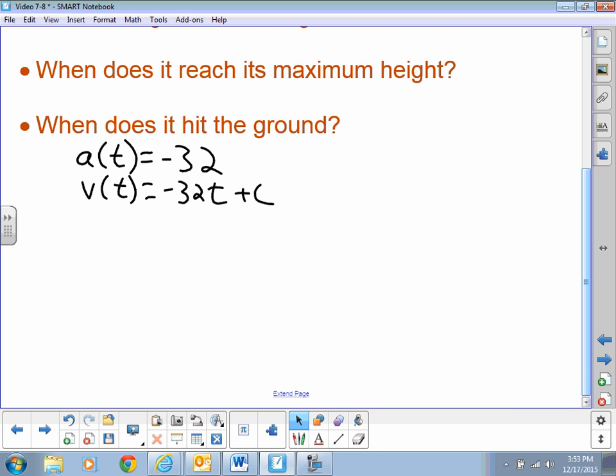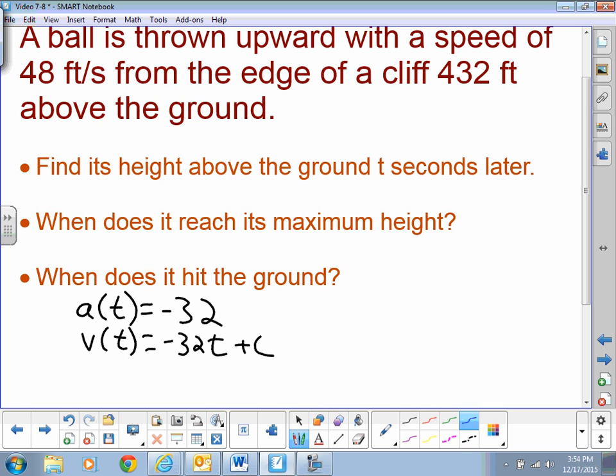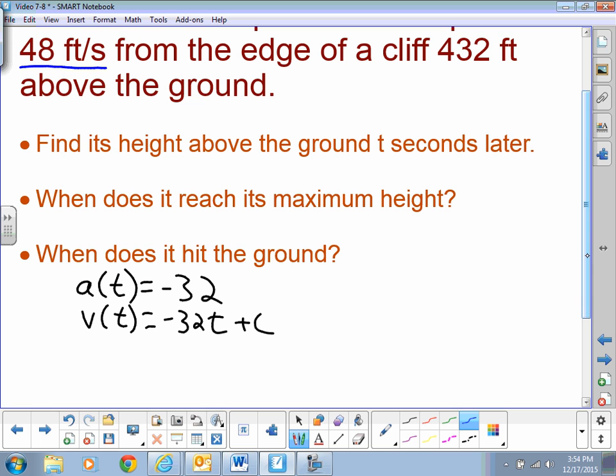Well, they told us in the problem that the ball was thrown at 48 feet per second. That is your initial velocity. So therefore, it's like we have v0 equals 48. And while we're at it, that 432 is your initial position. So it's like we have s0 equals 432.